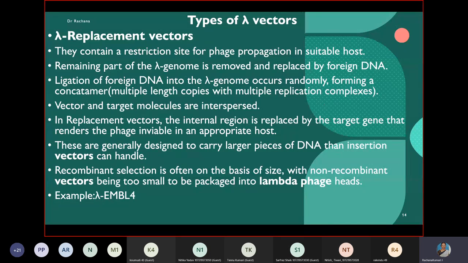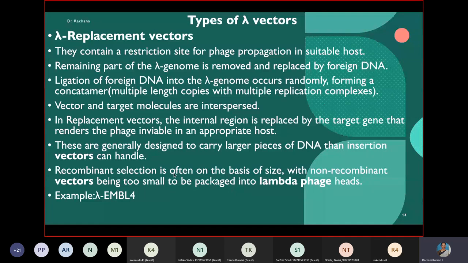Now we also need to check for a host which will help in the propagation of such replacement vectors. Instead of banking on those hosts which will not permit such vector DNA to work in the host machinery, not just manipulating, using a suitable host also is one of the essential criteria.